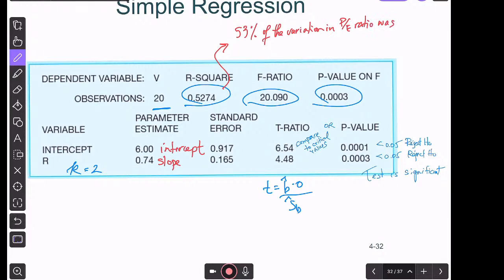Was explained by R&D. I say R&D's variation, but no, I'll just leave it like that. By the variation in R&D.